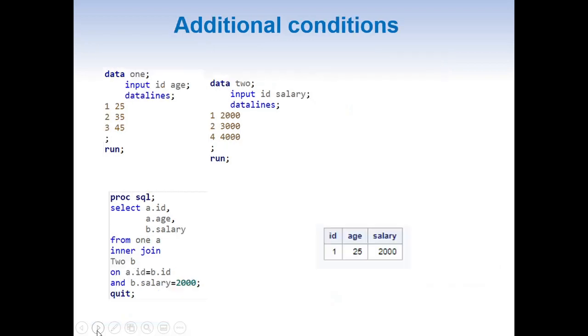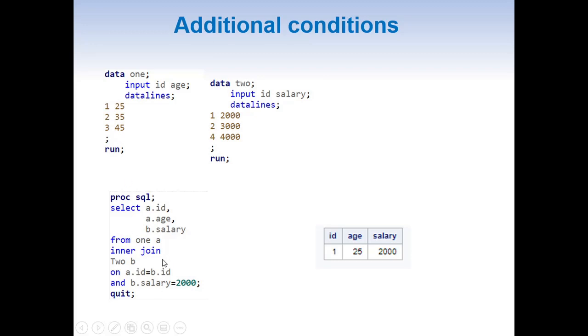Now let's look into a little bit different topic: how to give additional conditions. Till now we were talking about just one single ON condition. If you want an additional condition, all we need to do is add an AND condition. Now our joining will happen on the basis of both these conditions.